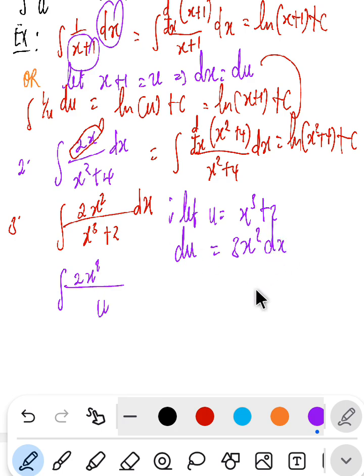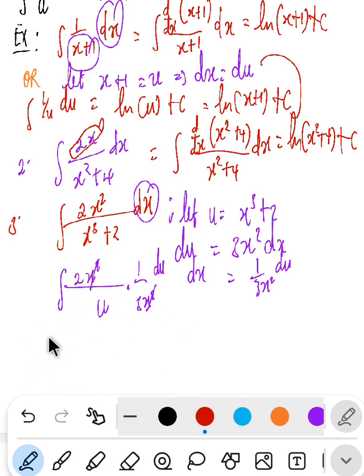Then you make dx the subject of the formula. So if we do that, you're going to have dx equal to 1 over 3x squared du. So we have multiplied by 1 over 3x squared du. All right, so we can see x squared will surely cancel x squared. You can see that's very beautiful.